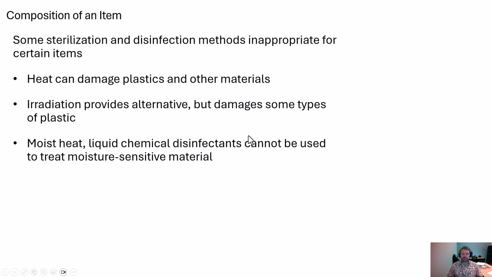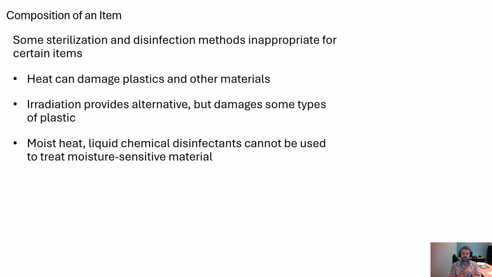Again, back to composition of the item. We've talked about this quite a few times. There are lots of items that are used in medical facilities, food processing facilities, etc., that are made of plastics or made of something that is heat sensitive, and therefore you cannot autoclave or sterilize those things using high heat.